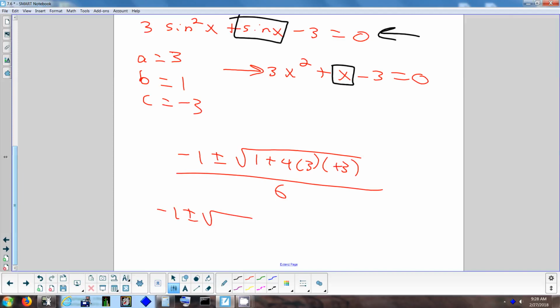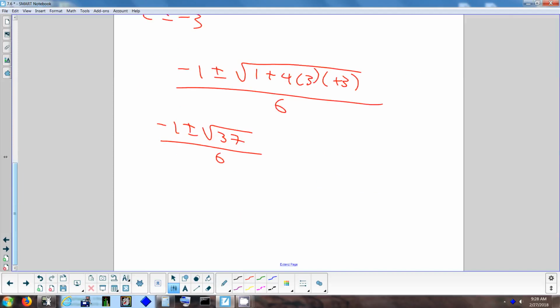And 4 times 3 times 3 is going to give me how much? 36. Plus 1? 37 over 6. Okay. So now, if I was solving this, I would just put equals x. But now I'm going to put, what did I say to put? Equals sine x.